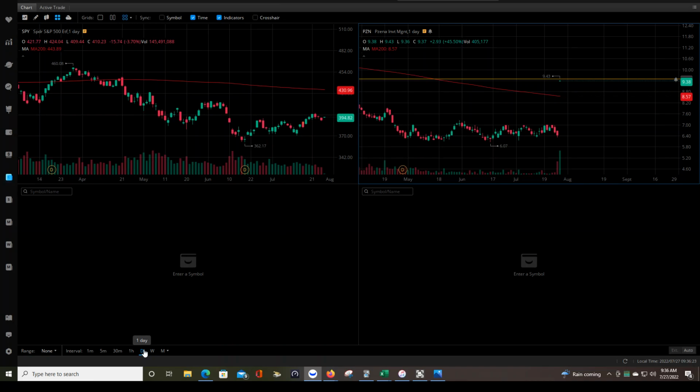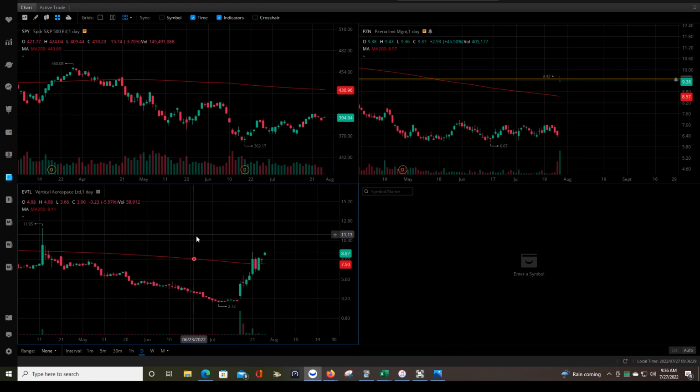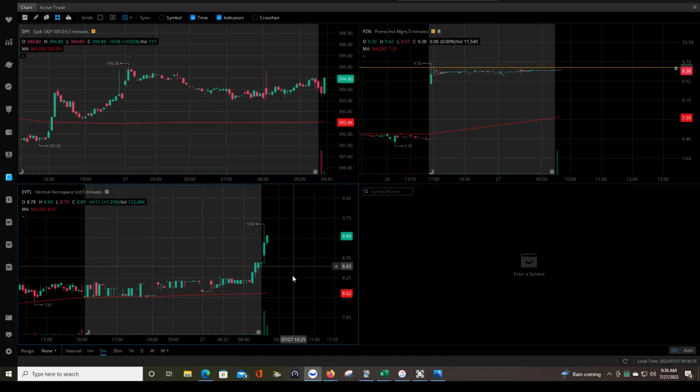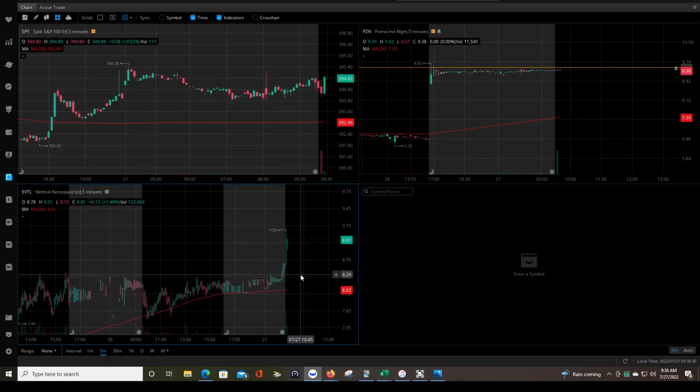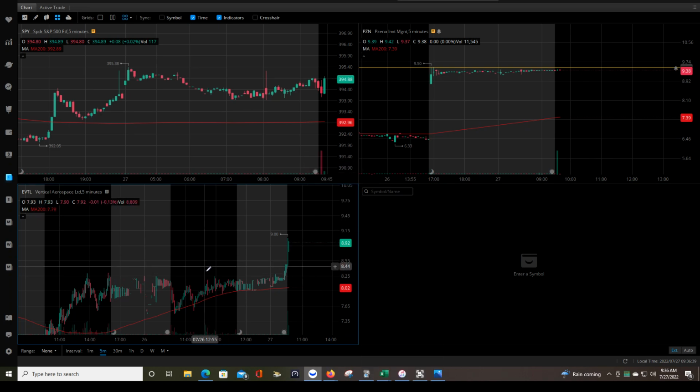Here's another one we got to check, EVTL. That one's also above the 200 MA, so we got to make some lines here. This one's about to trigger a trade, so we are going to probably focus on this stock here.